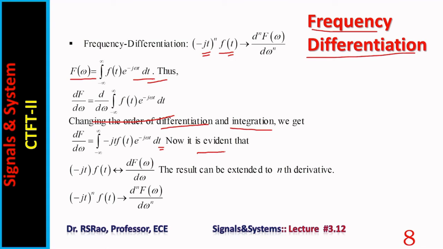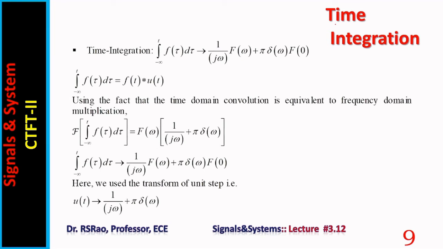Now it can be easily understood that the Fourier transform of the product minus jt f(t) is dF/dω. The result can be extended to the nth derivative. It results in the Fourier transform of the product (minus jt)^n f(t) being the nth derivative of F(ω). Now we consider integration.